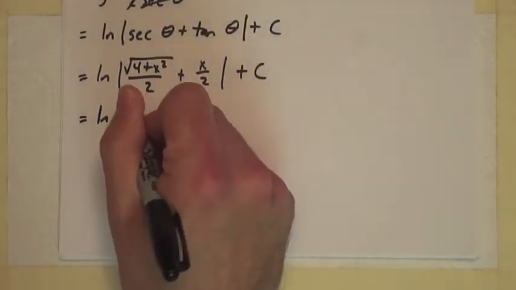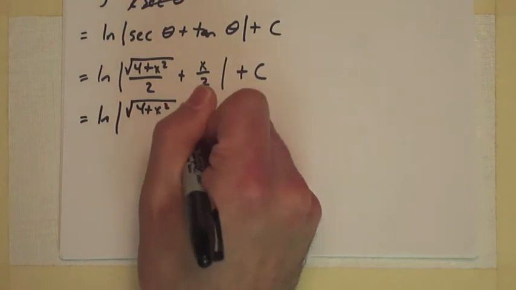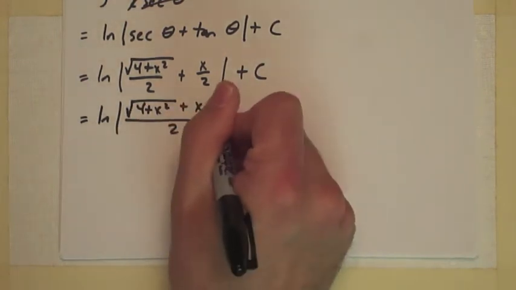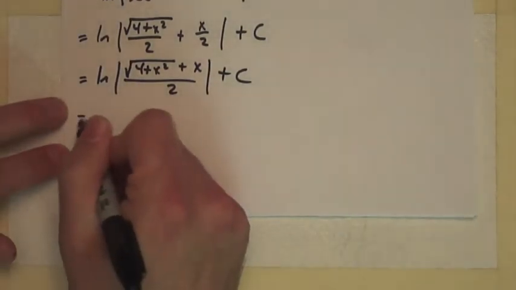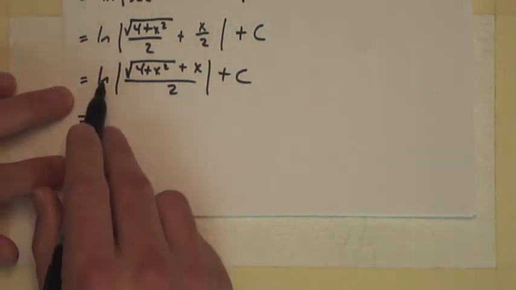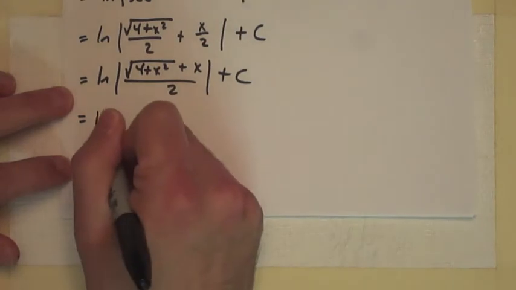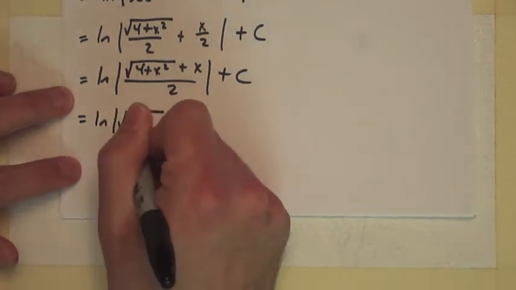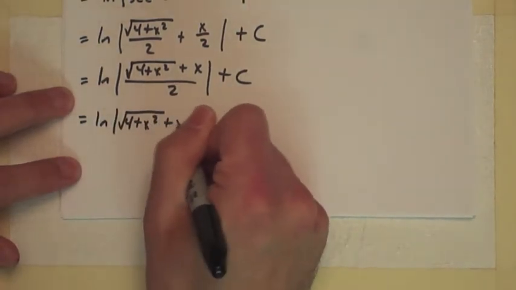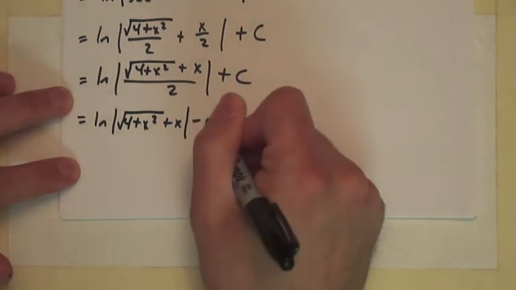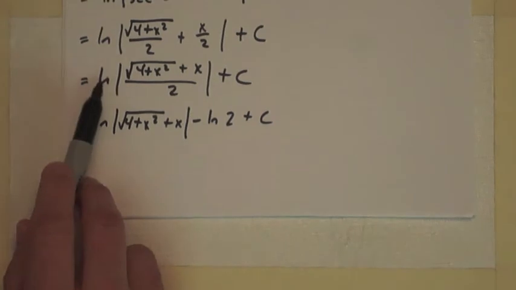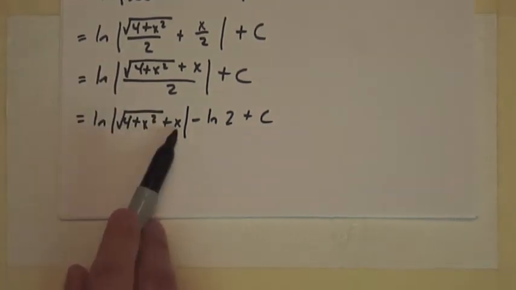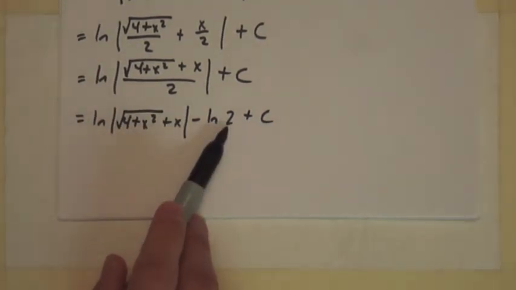watch what happens here. First, put everything over a common denominator. And then reason that the log of a quotient is the difference of the logs. So you have to kind of dust off your knowledge of logarithms. Remember this, the natural log of p over q is the natural log of p minus the natural log of q.